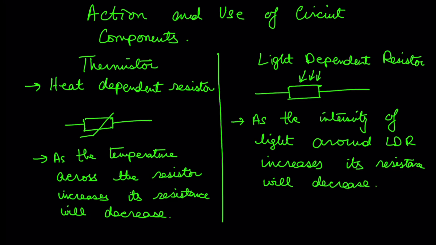So this is basically the light dependent resistor. As the intensity of the light around the LDR increases, its resistance will decrease.